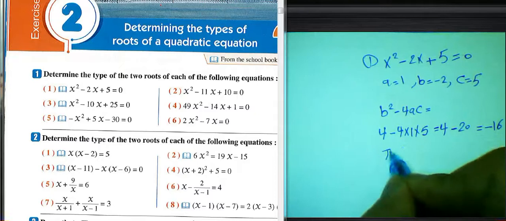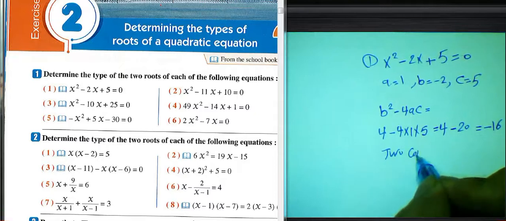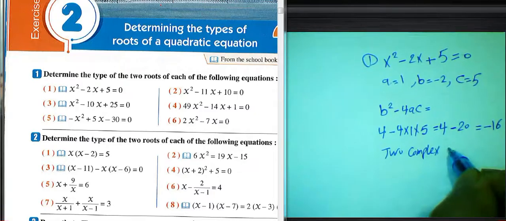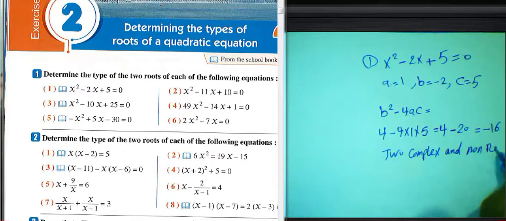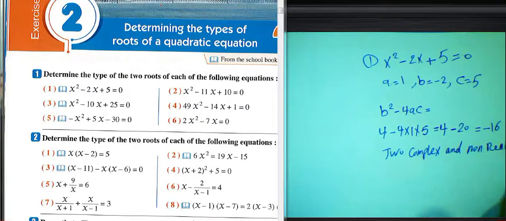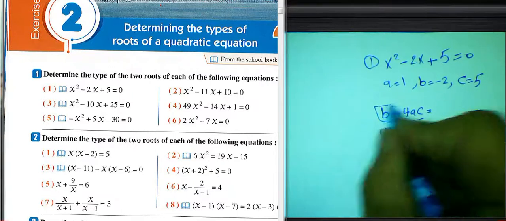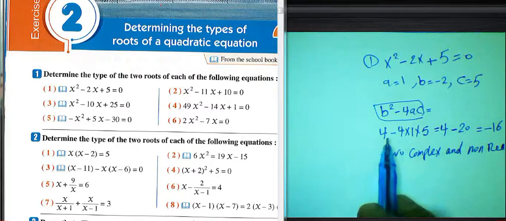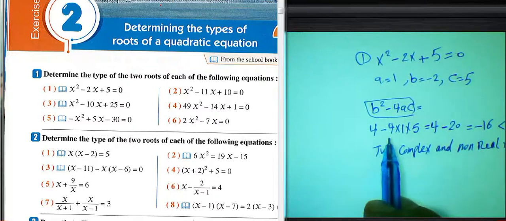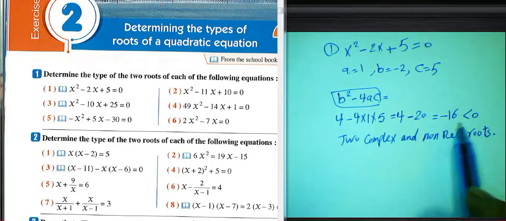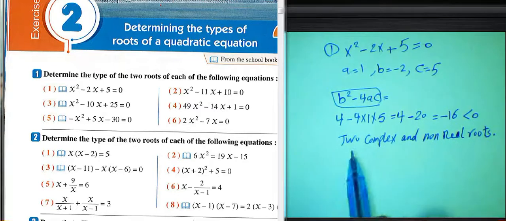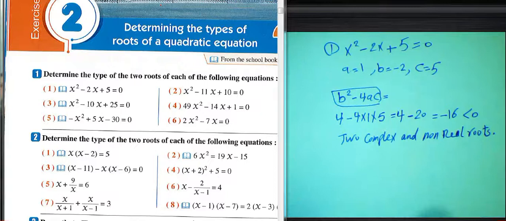So we have two complex and non-real roots. Okay, so we write in the examples b power 2 subtract 4ac, the result will be negative 16, less than 0. So we have two complex and non-real roots.